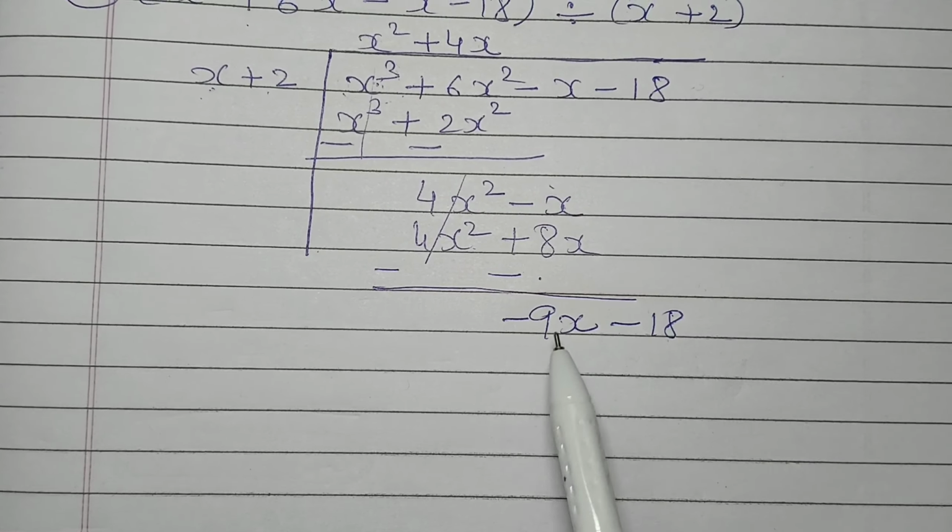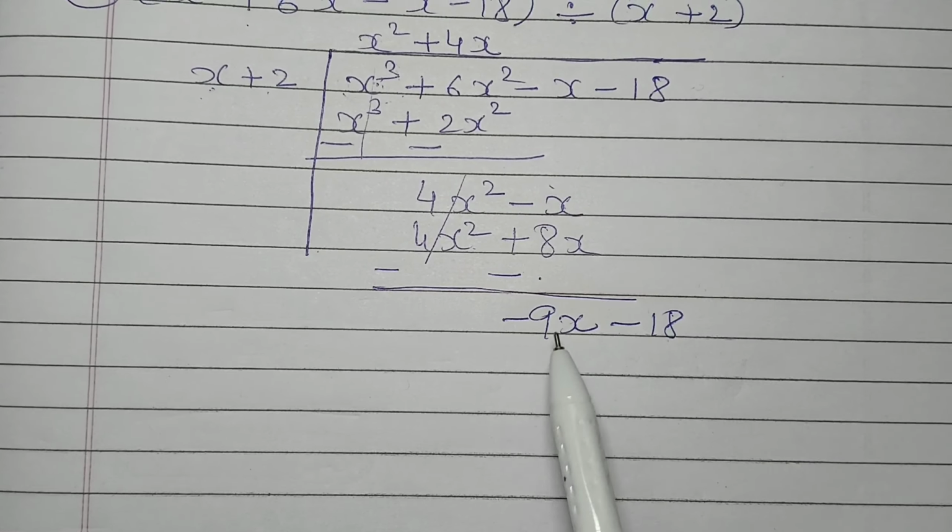So minus 9x minus 18, and if I subtract these both terms, the remainder will be 0, and our quotient will be x square plus 4x minus 9, and that is our answer.